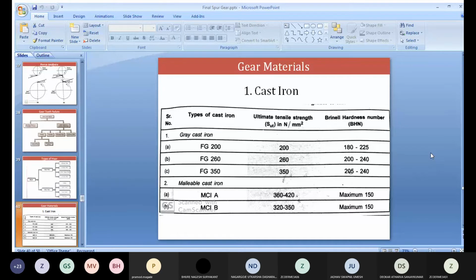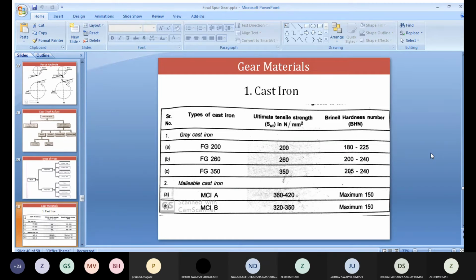As I told you, the basic materials are two: ductile and brittle. Ductile, generally steel, composites, alloys, gives an indication before breaking. That we call ductile. In case of brittle, it will not give any indication; it will directly break.